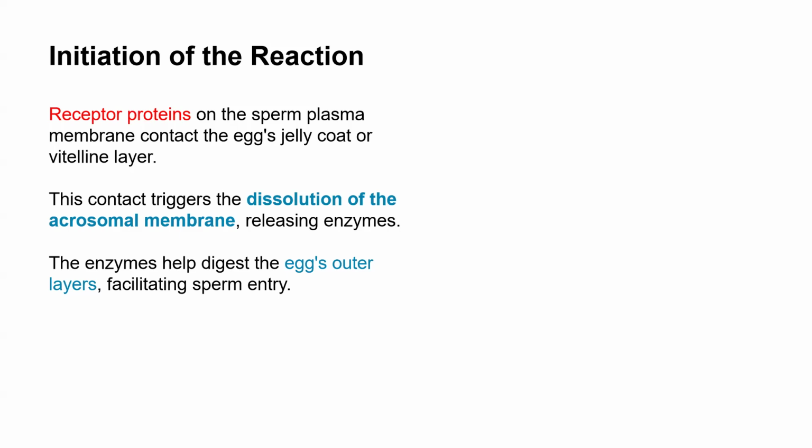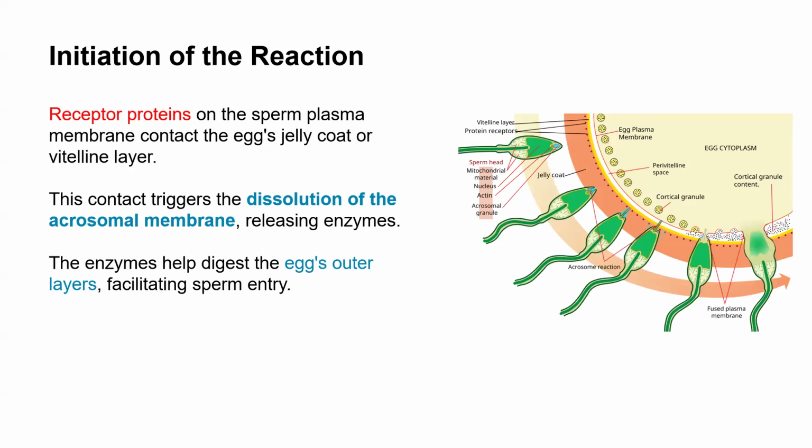So it is the work of the hyaluronidase to break down the hyaluronic acid on the outer layers of the egg cell, which facilitates the sperm entry.